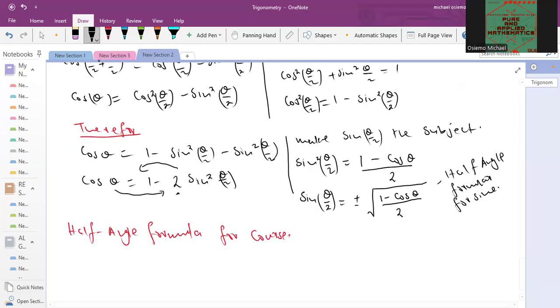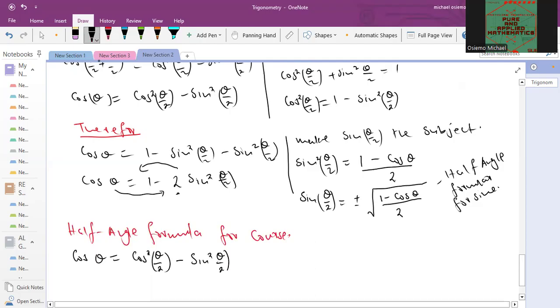We have said cos theta is equal to cos squared theta over 2 minus sine squared theta over 2. This is from the previous proof of sine theta over 2, whereby we decided to pick from the compound angle formula or double angle formula, to have the half angle. I divided through by 2.